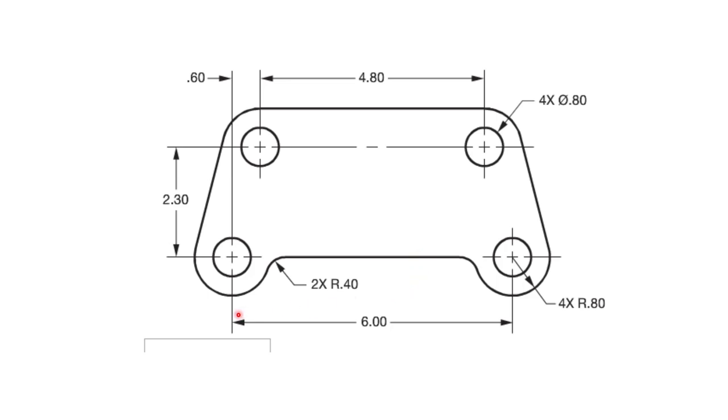The horizontal distance between these two circles is 6. The horizontal distance between these two circles is 4.8. And while it could be implied that this is a symmetric object, they are explicitly calling out a distance between this circle and the horizontal offset as being 0.6 inches. Of course, 0.6 plus 4.8 plus 0.6 equals 6 inches.